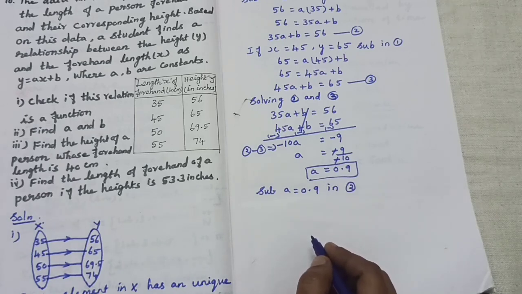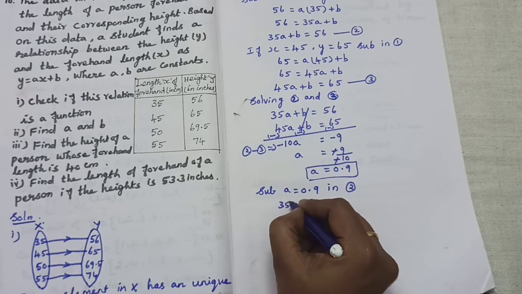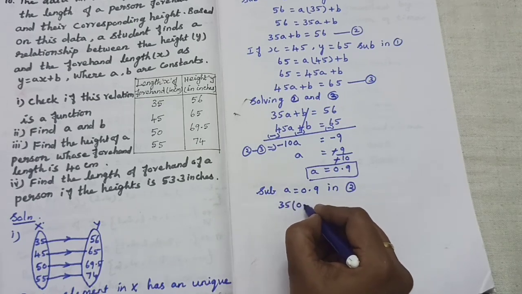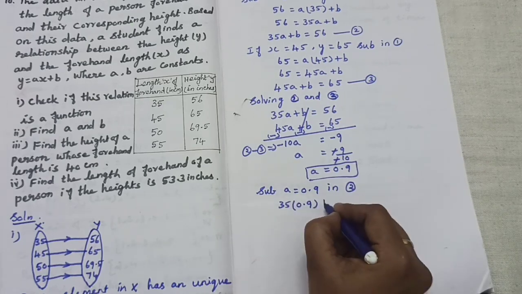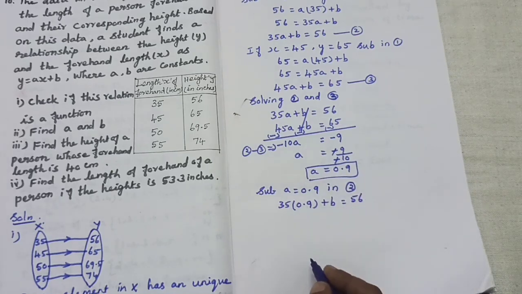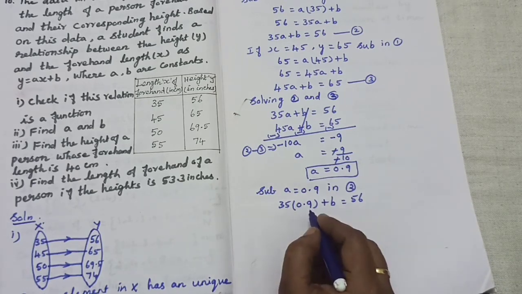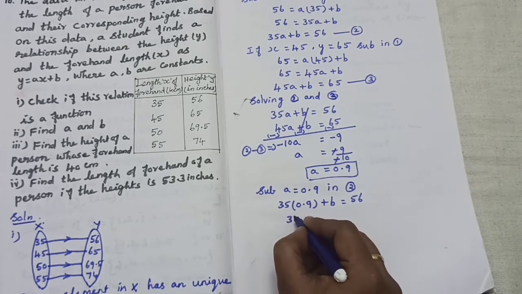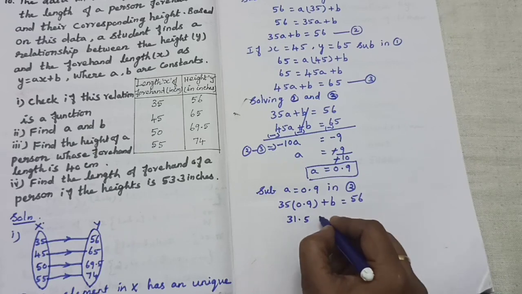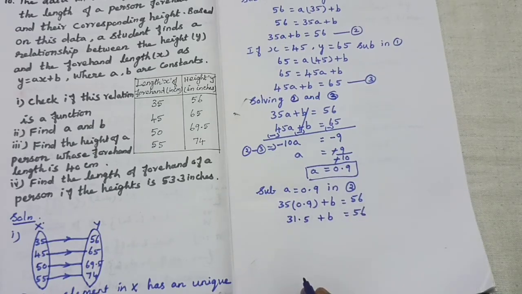Then what will we get? We substitute: 35a, with 0.9 in place of a, plus b is equal to 56. 35 into 0.9, we have to multiply, and we get 31.5. Plus b is equal to 56.